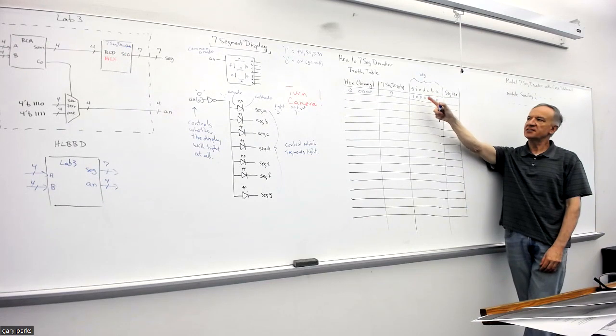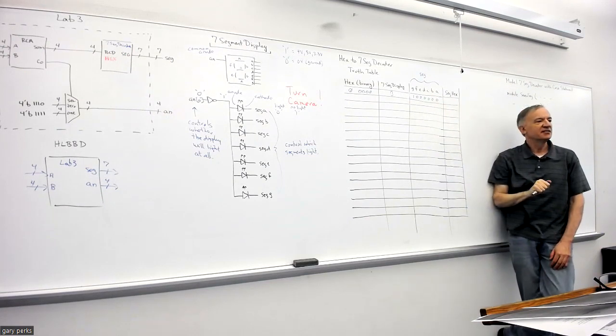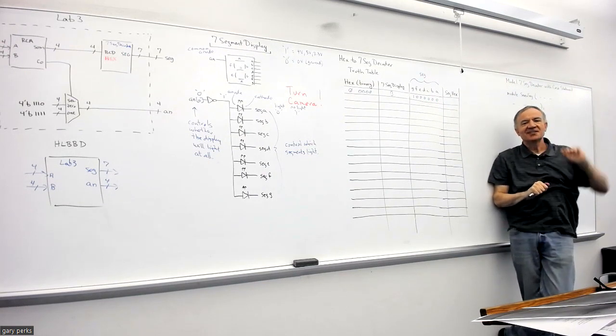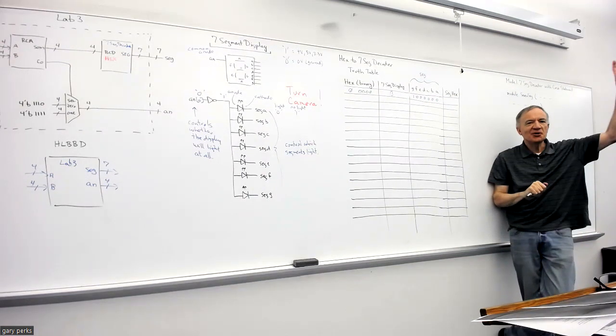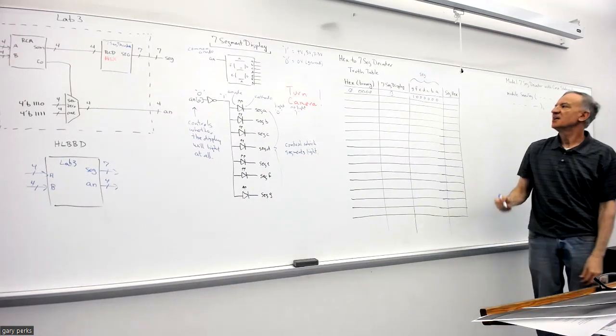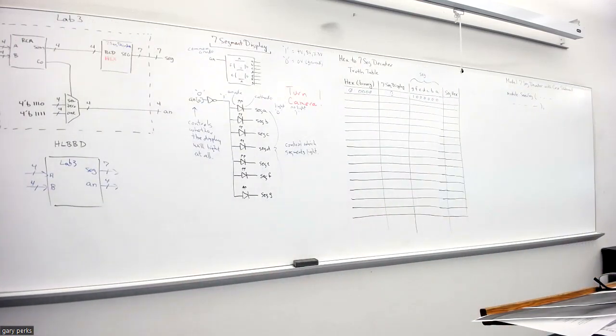How would you write 1 0 0 0 0 0 0 as hex? How many people say 40? Not that many. Any other answers? How many people don't know? A lot of honest people. It's the same as what we did here, but going the other direction.